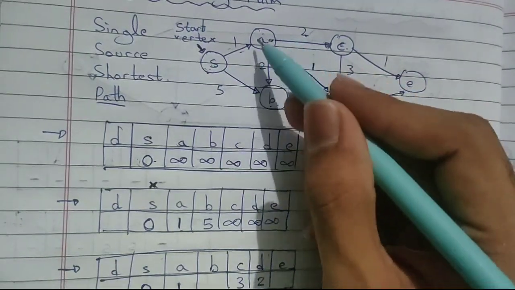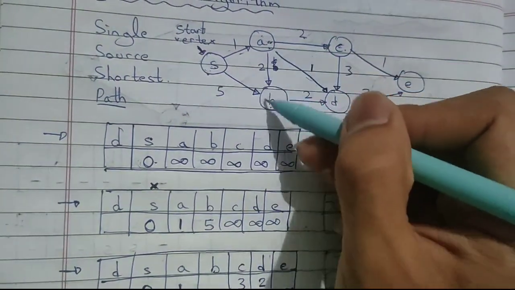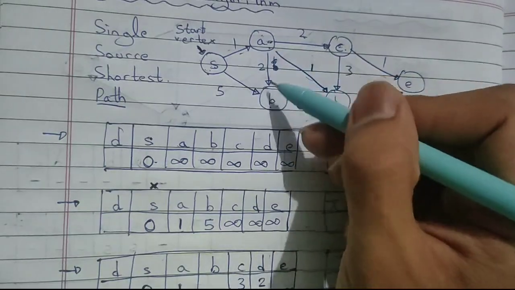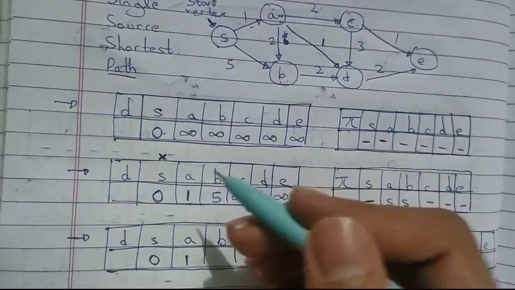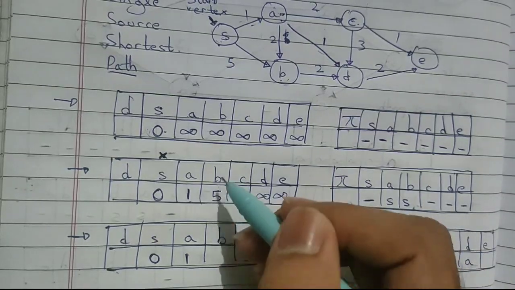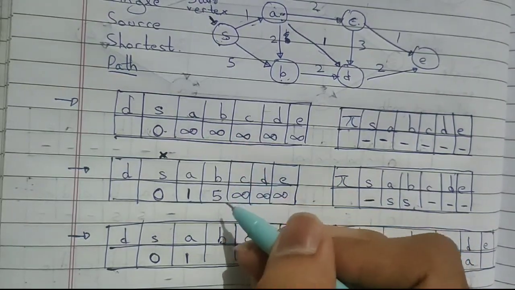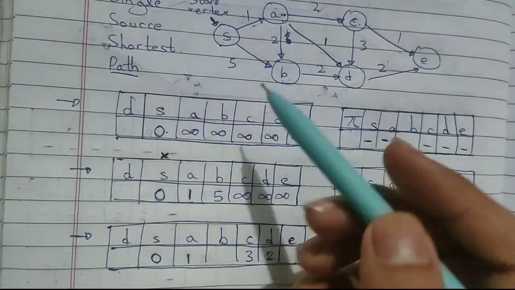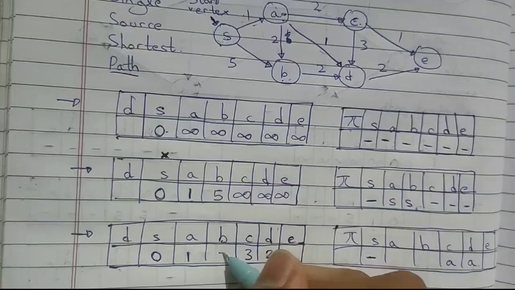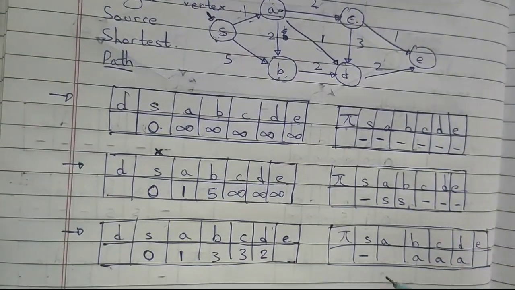Now finally, we reach node B. These two have been checked. The distance to reach node A is 1, plus the distance to reach vertex B is 2, so 1 plus 2 gives us 3. Now we check in this distance table. Here, as you can see, the entry is not infinity because we calculated it from our previous result. Is 3 less than 5?